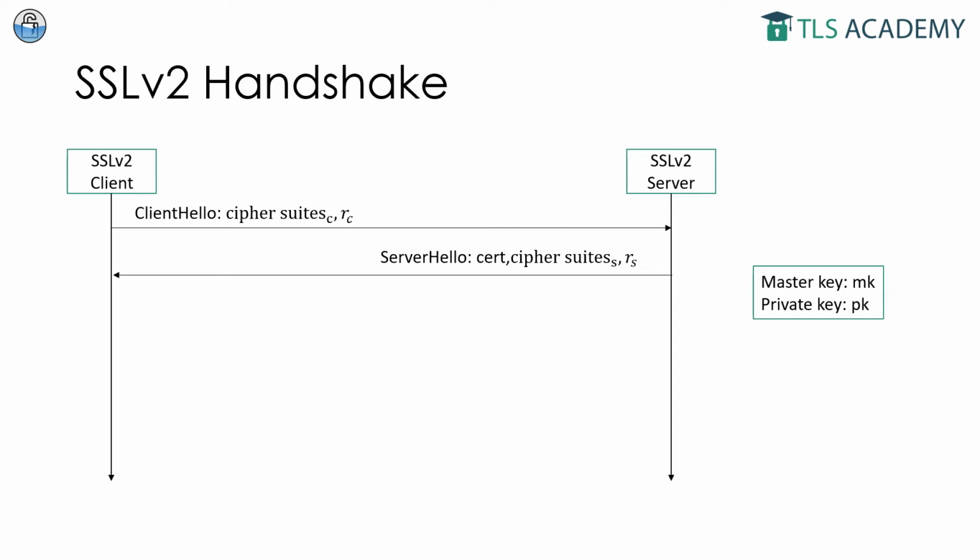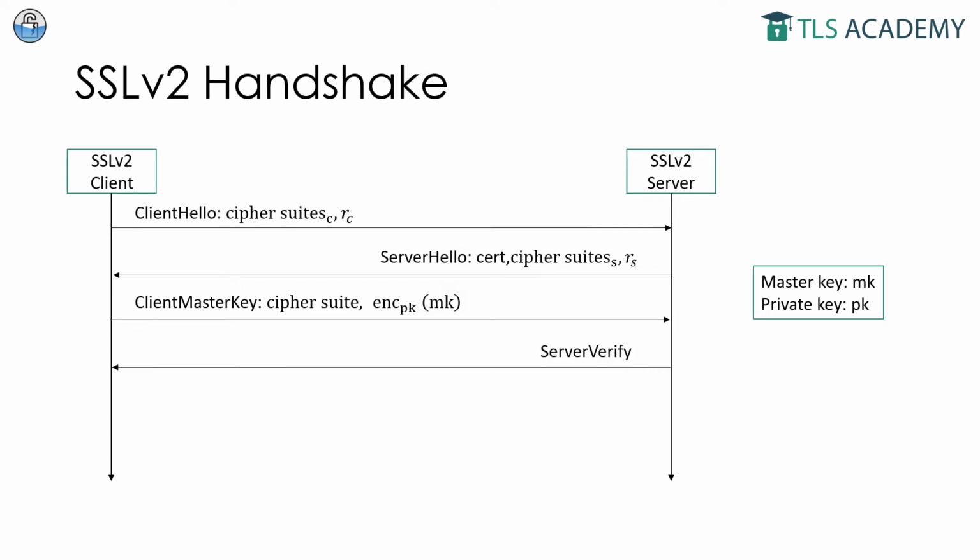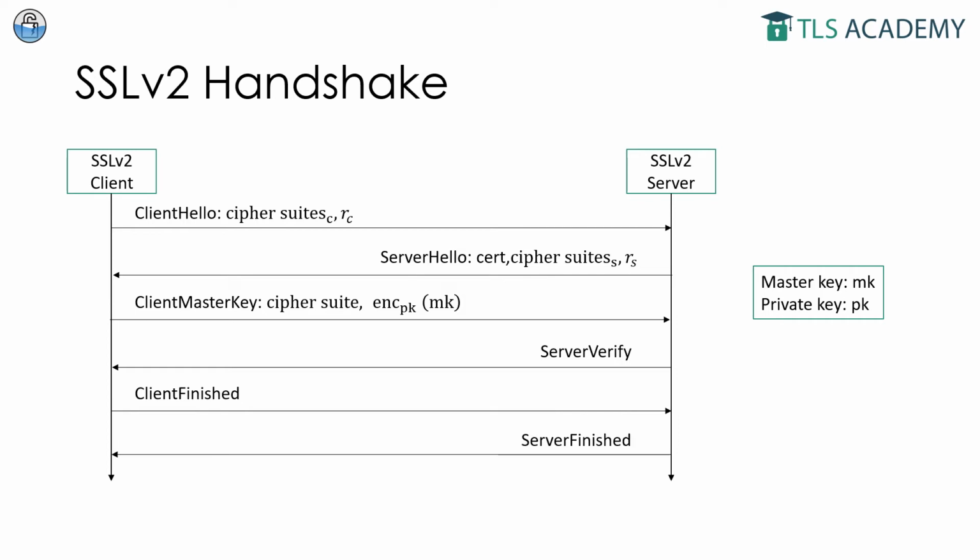The client responds with a client master key message, which specifies a cipher suite supported by both peers and the encrypted master key. The server responds with a server verify message, consisting of the challenge RC encrypted with a session key, constructed from the master key. Both peers then exchange finished messages in order to authenticate to each other.